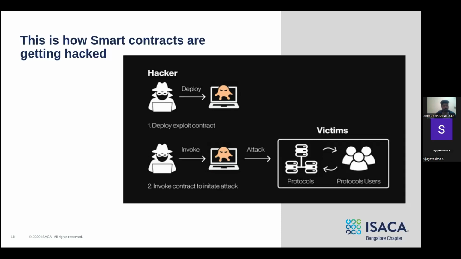Mostly humans can't actually go and call a particular function to satisfy the require and achieve the goal. Humans can't do that much, but humans can create a malicious contract to attack a contract. So that's how smart contracts are getting exploited.